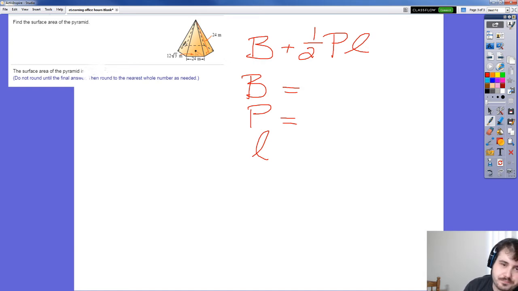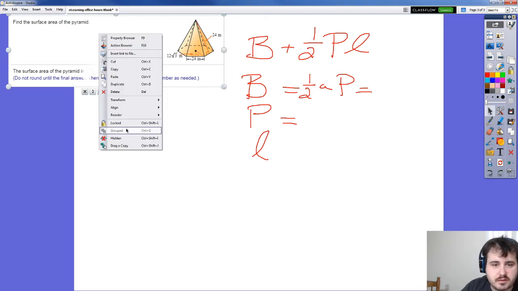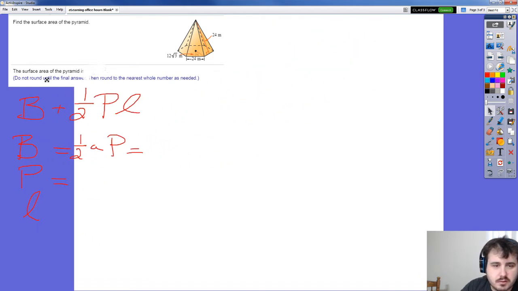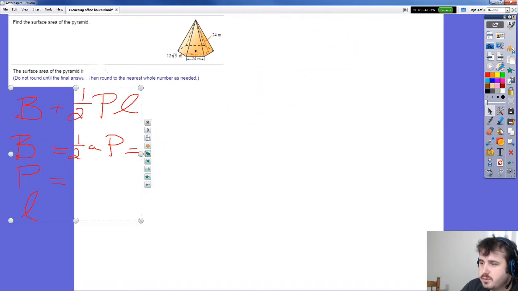Well, we know that the area of that hexagon is 1/2 times the apothem times the perimeter. Let me move this over here so it's easier to deal with.